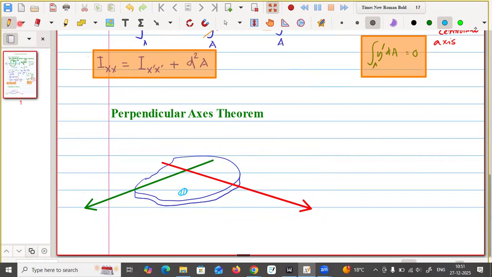Next, what is the distance of this from these two axes? Let us try to show. The distance of this from the red axis, that means along the green axis, is this one.